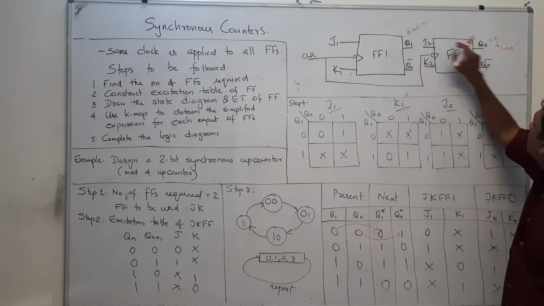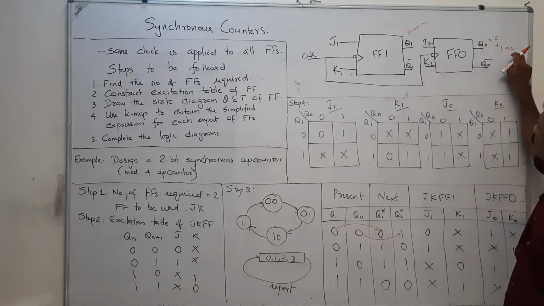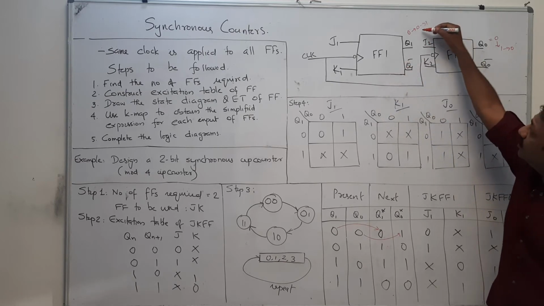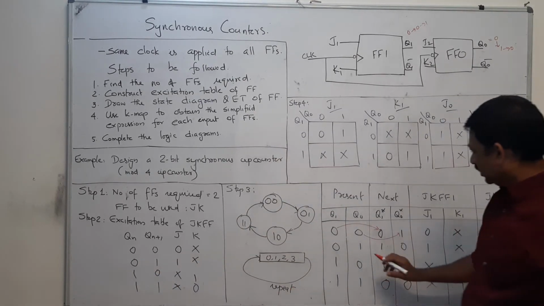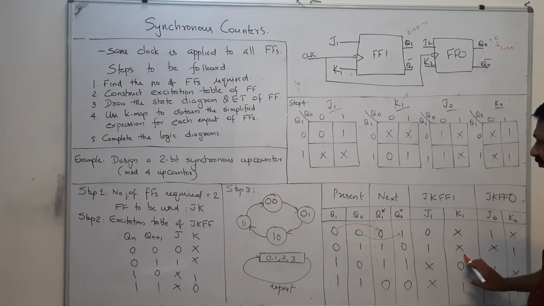So initially 0, 0, then 0, 1, now 1, 0. For the first flip-flop, you should have a transition from 0 to 1. For a 0 to 1 transition, you have to put 1x.